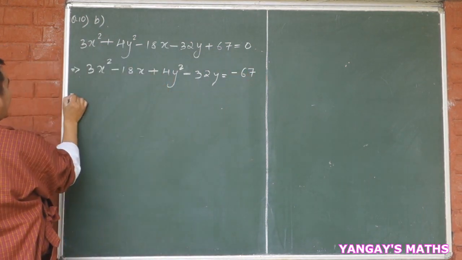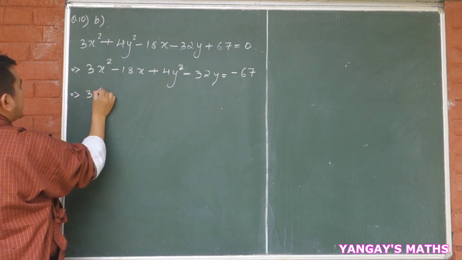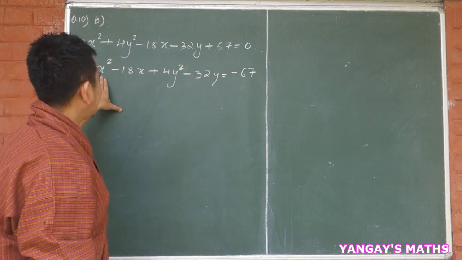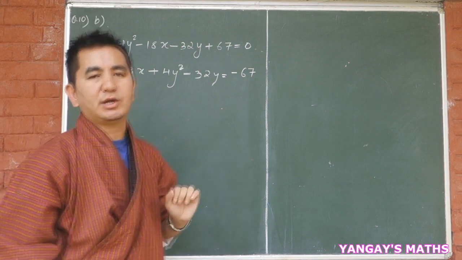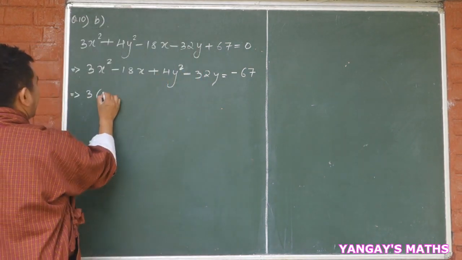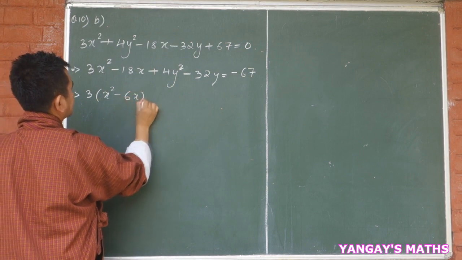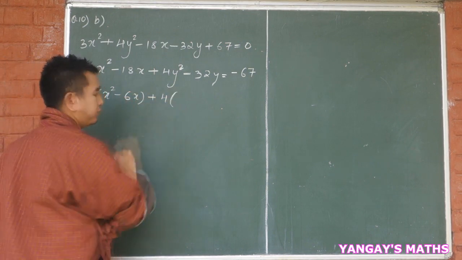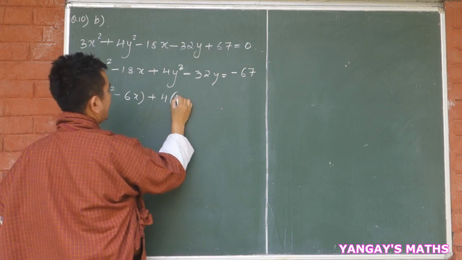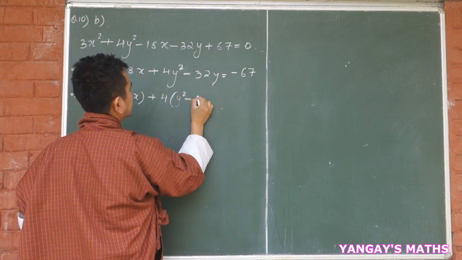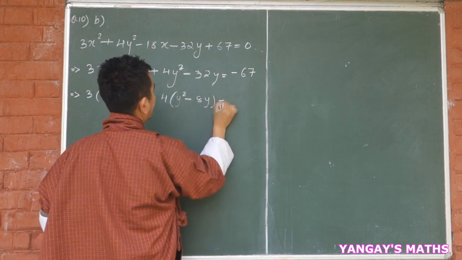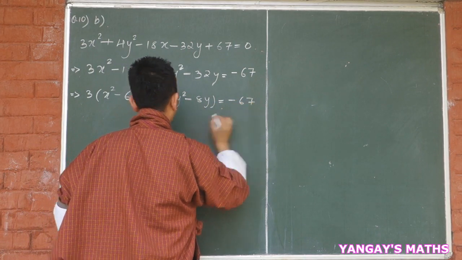Now please take 3 common outside. Make sure the coefficient of x square and coefficient of y square is equal to 1. So I can write this as 3 times x square minus 6x plus, similarly from here take 4 common outside, y square minus 8y is equivalent to negative 67.